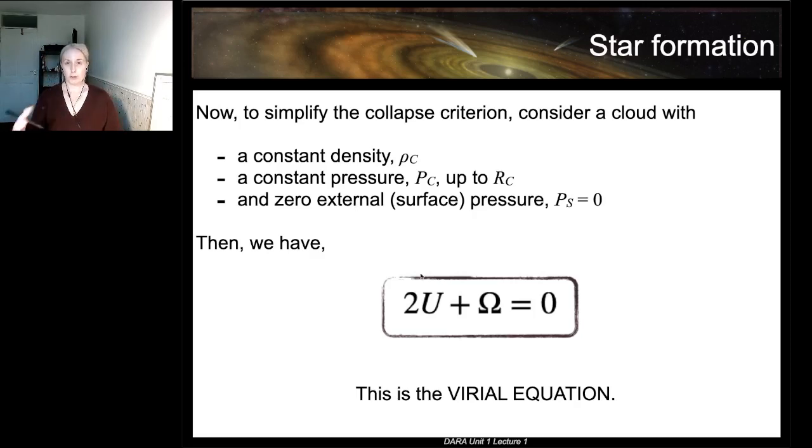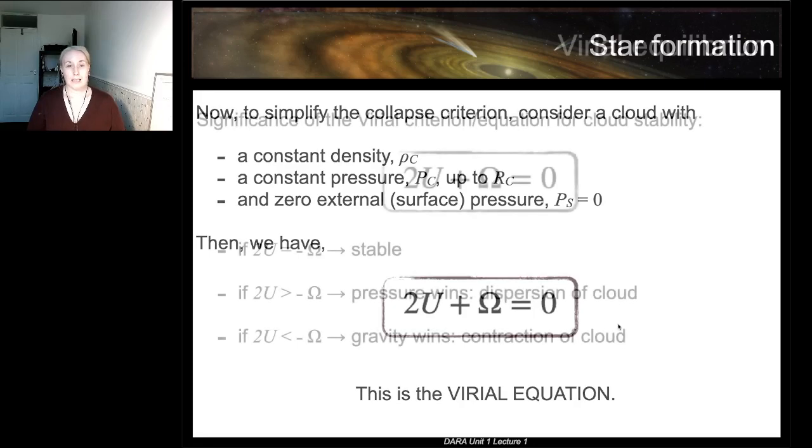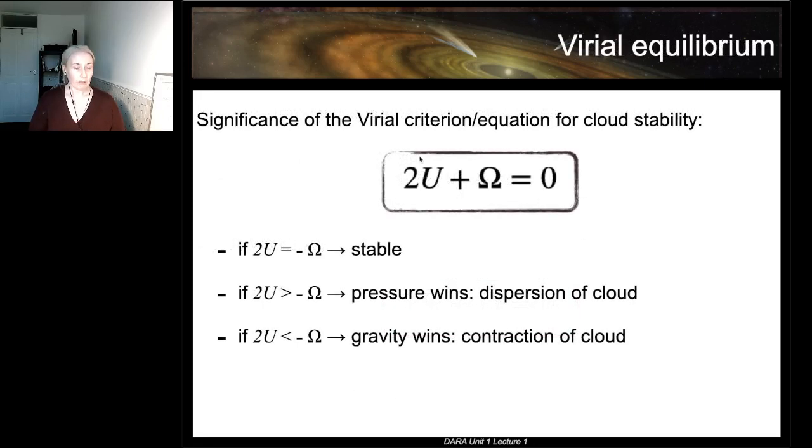Now, we're interested in using the Virial equation, which describes the balance of force between pressure and gravity, to determine the stability of a molecular cloud. So the next thing that we do is look at these 2 properties, the kinetic energy U and the gravitational potential energy, and given that for a cloud to be stable this needs to equal 0, we can then start to look at whenever this equation deviates away from 0.